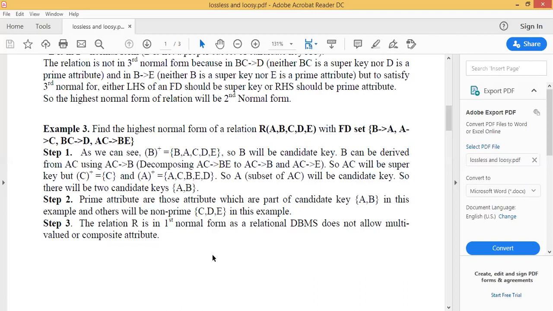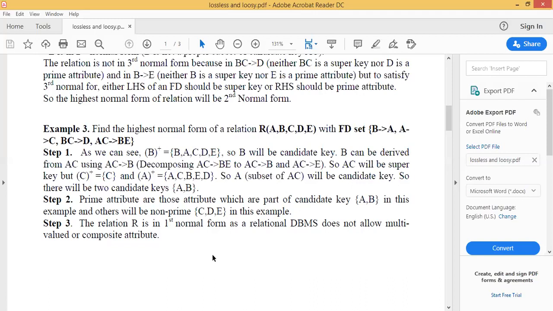So there will be two candidate keys, A and B. Prime attributes are those attributes, as we already know, which are part of a candidate key. So here prime attributes are A and B in this example, and the others will be non-prime attributes, which are C, D, E in this example.